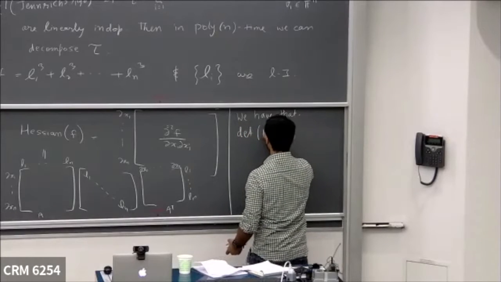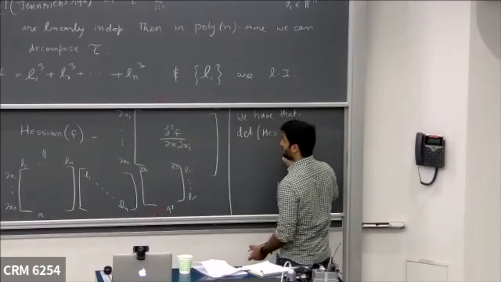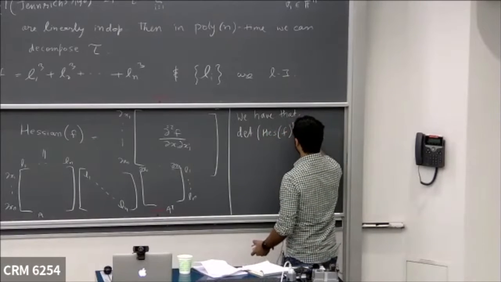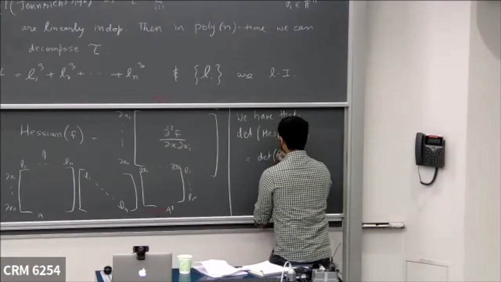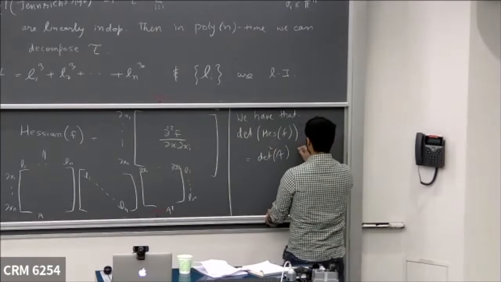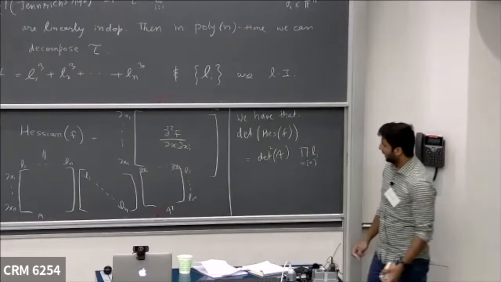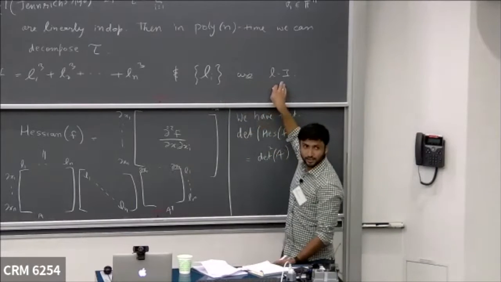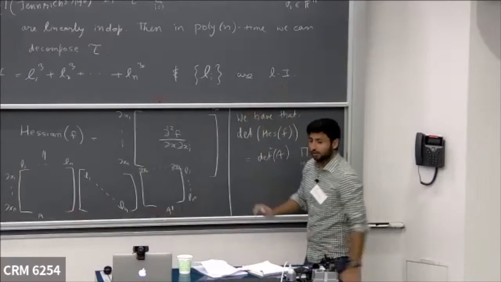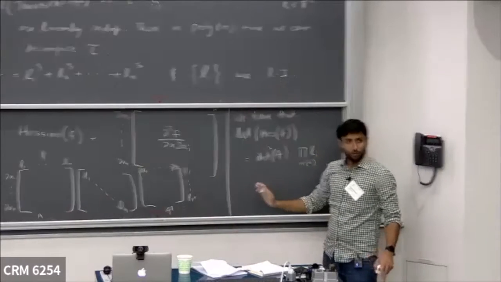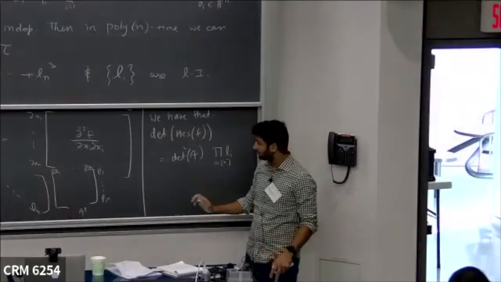So we have determinant of Hessian of f is equal to det of A whole square times the product of the linear forms. And if my linear forms are linearly independent, it's easy to observe that these matrices will be invertible. So this determinant will just be a field constant, in particular a non-zero field constant.